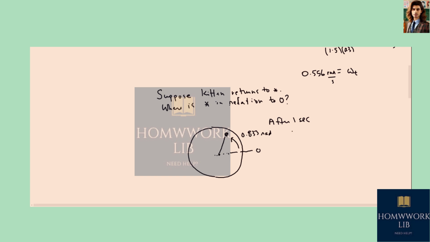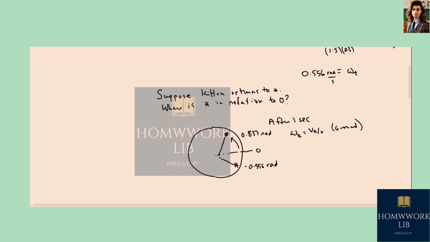And we're getting that by figuring out the angular velocity of the kitten relative to ground. And meanwhile, the star has kicked backwards. Not quite as far, but the star is at minus 0.556 radians.